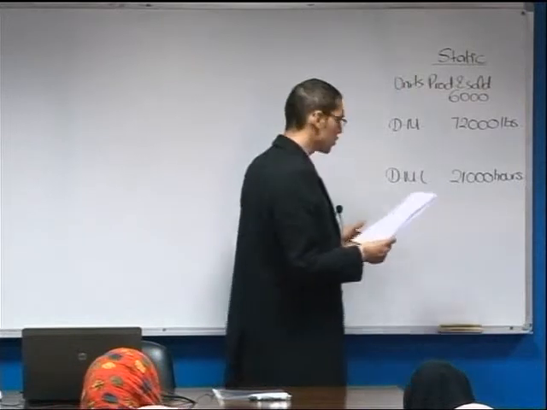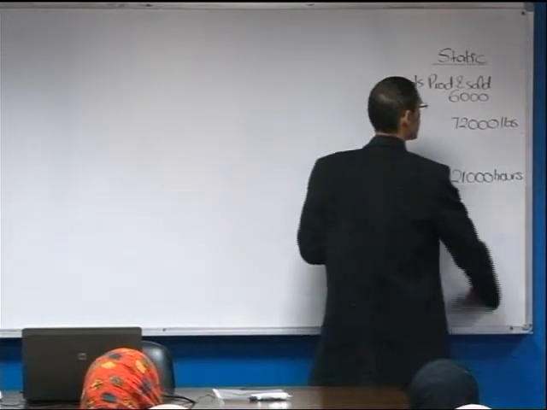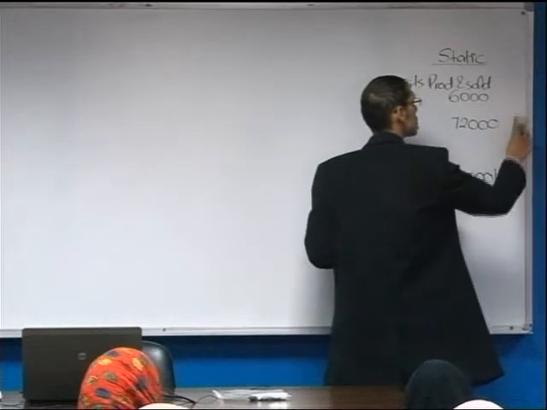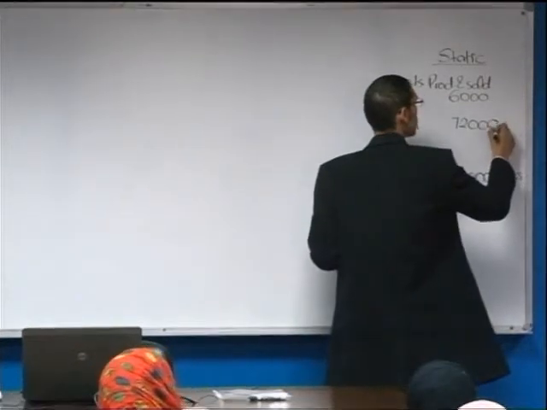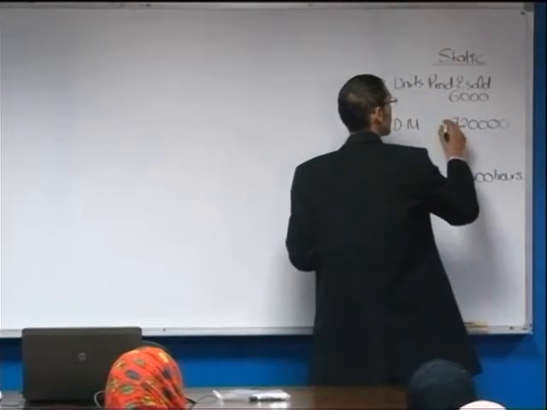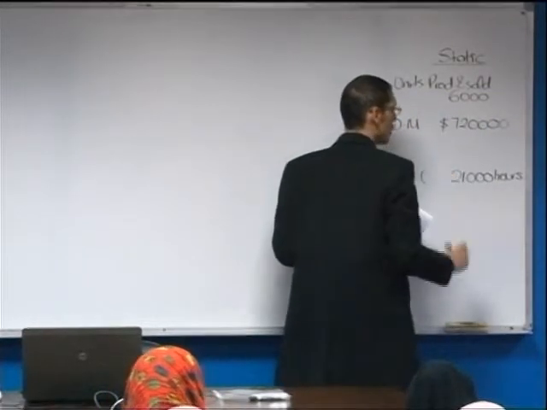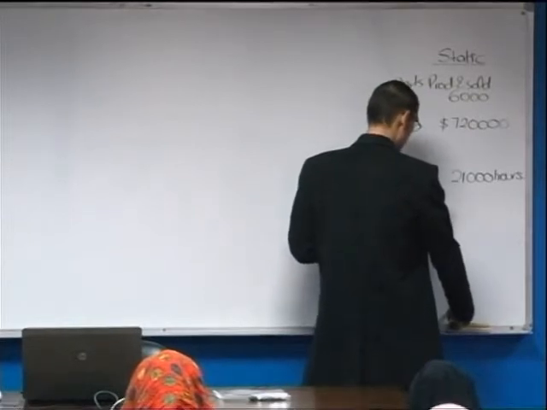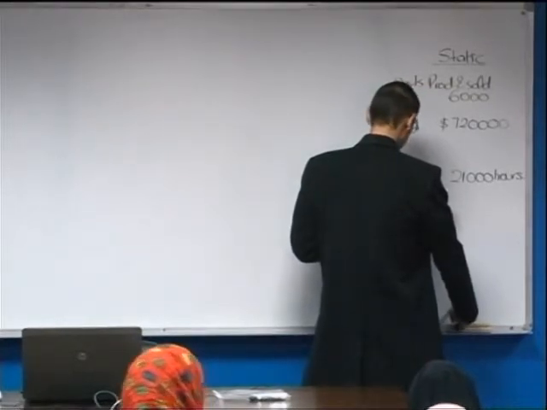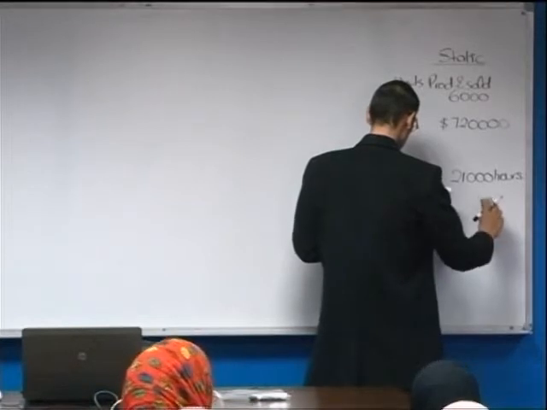It would be 720,000. Excellent. $720,000. This is given in the question. $720,000, and the direct manufacturing labor would be 1,050,000. This is the same question as the last time.